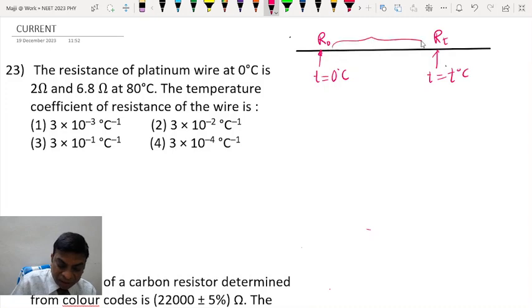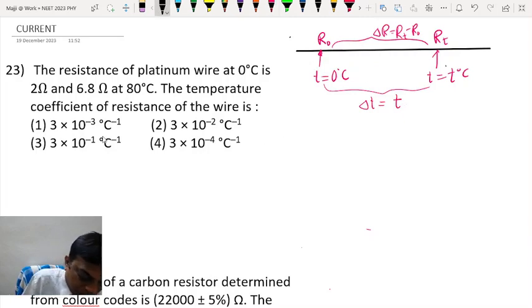So what is the change in resistance? Change in resistance is RT minus R naught. What is the change in temperature? Change in temperature is T minus 0, that is T degrees Celsius.